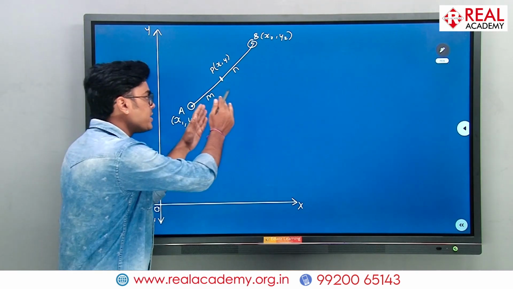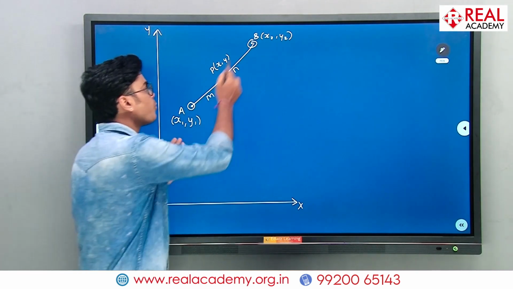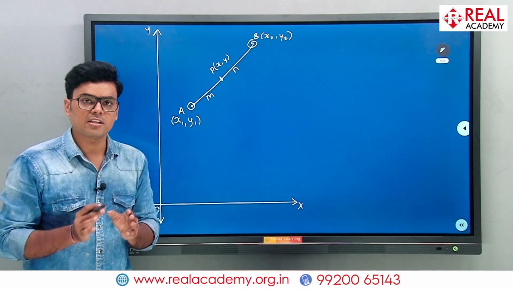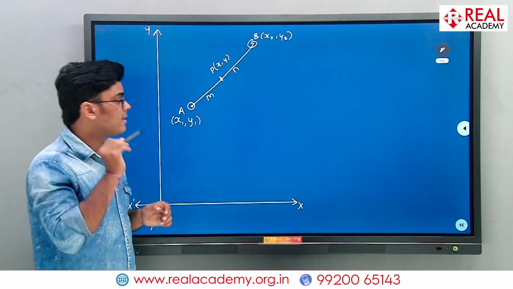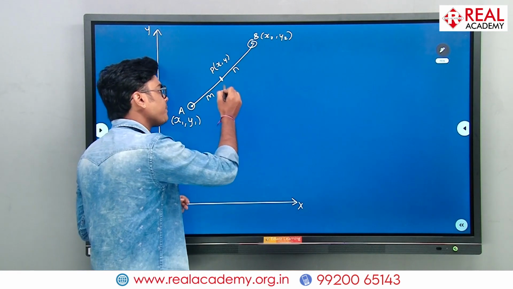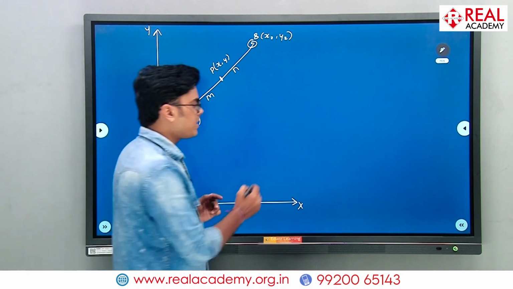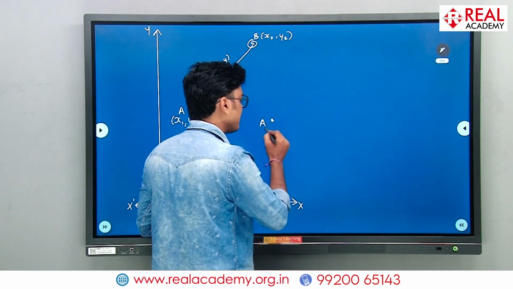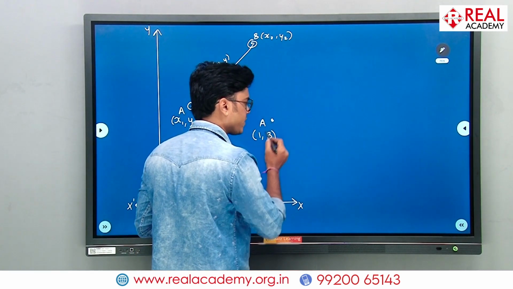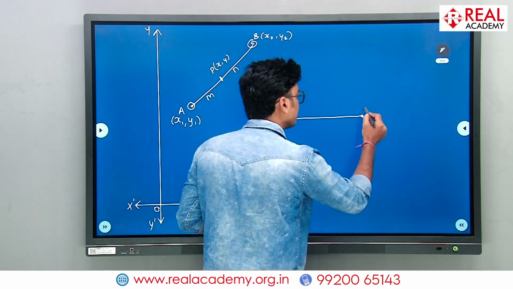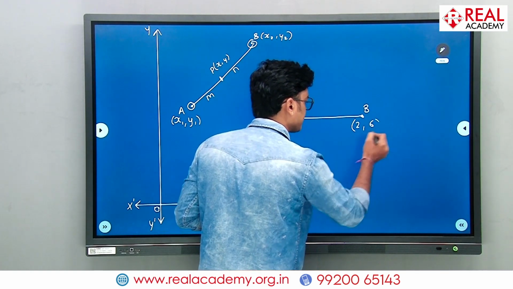So if the ratio is known to us, and if these 2 points are known to us, section formula is used to find the exact point that will divide the line in this particular ratio. For example, this is point A, let us assume 1, 3. This is point B, let us assume 2, 6.